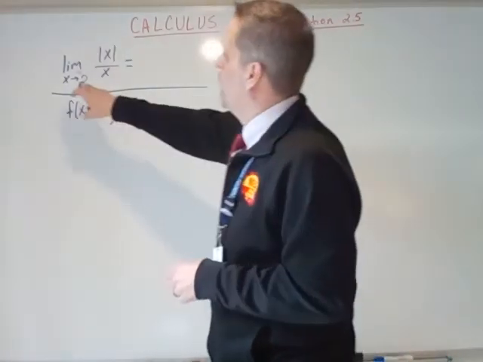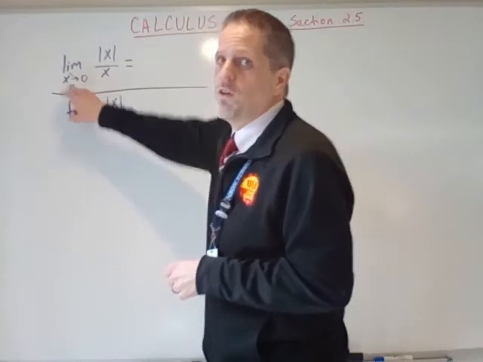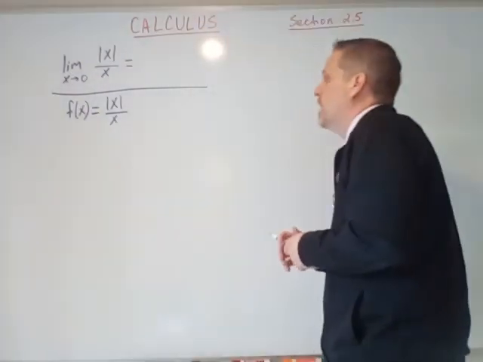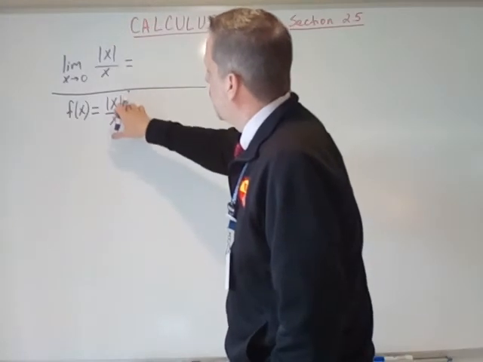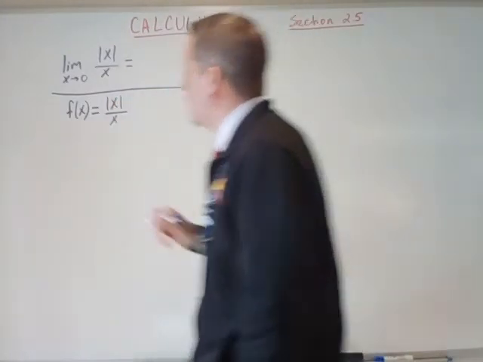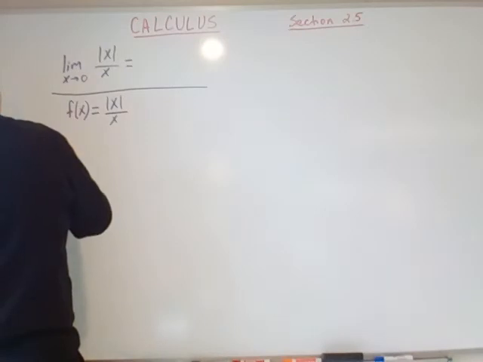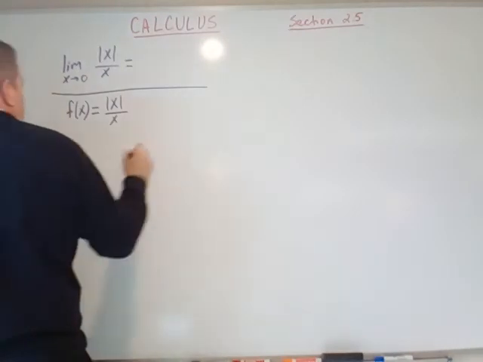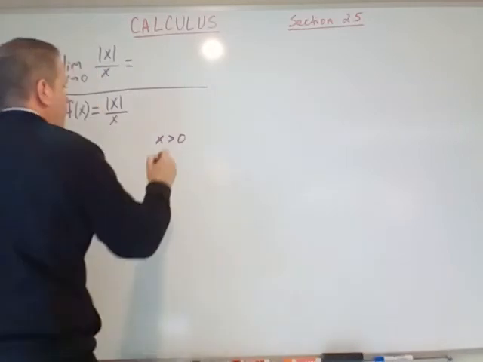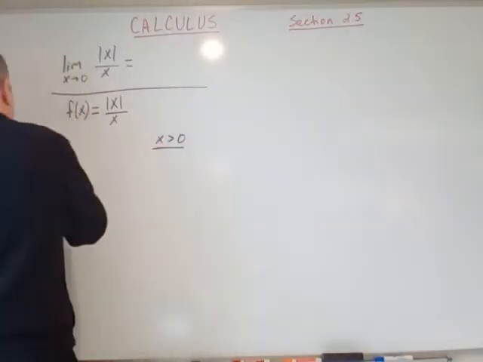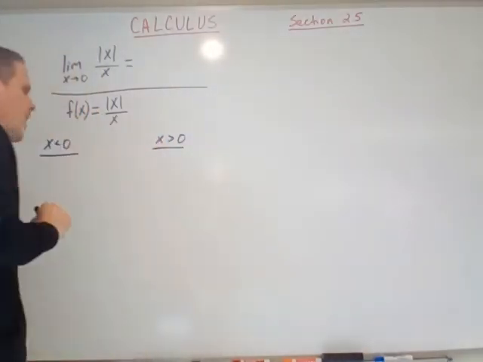And it's a coincidence. It was x equals 0 up here for the limit that we were evaluating at. So I've got 0 here, that's my critical value. What that tells me then is I've got behavior to the left of 0 and behavior to the right of 0 for this function that I have named f of x.